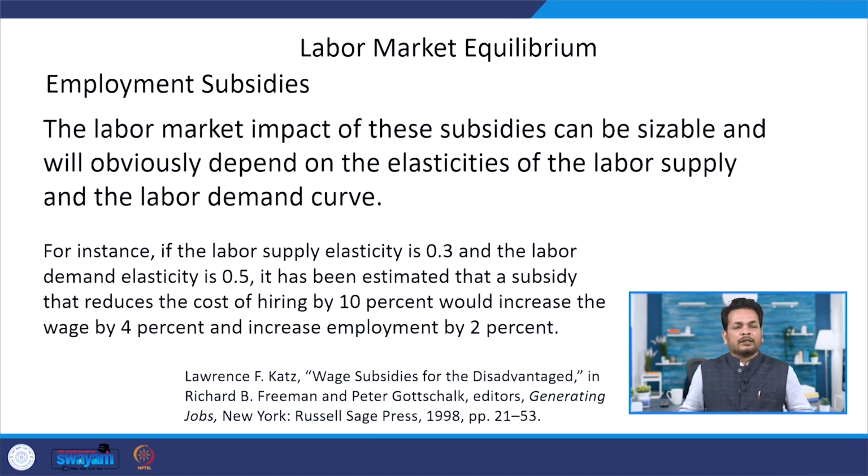The labor market impact of employment subsidies can be sizable and obviously depends on the elasticity of labor supply and labor demand. So, how much will be the gain? It depends on the amount of subsidy given, and on the nature of the demand function and the supply function, the elasticity of labor demand and labor supply.